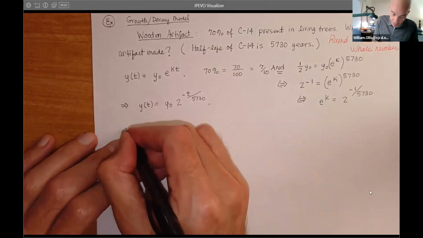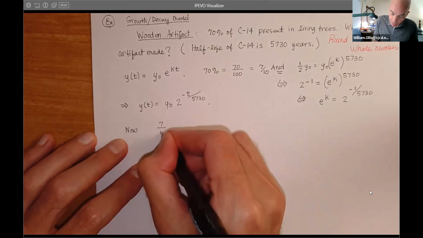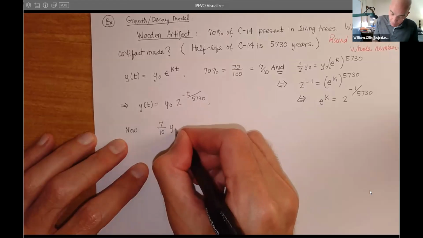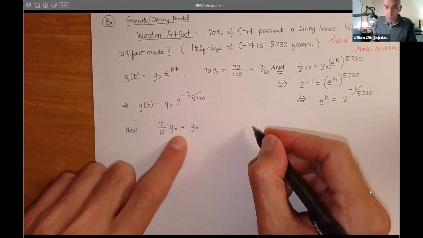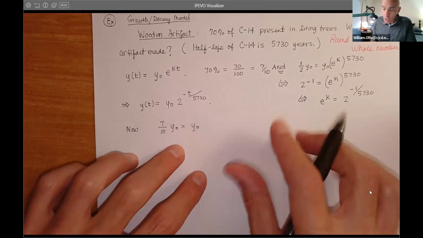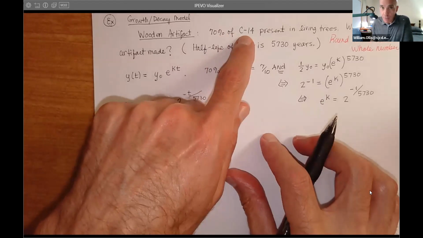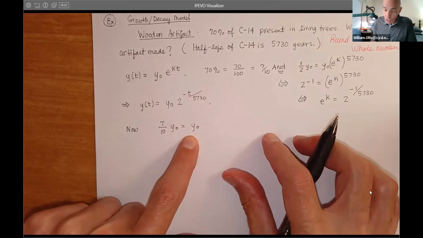So now 7/10 of the original amount now exists. Again, I won't just put 7/10, I'll just go ahead and let the y sub zeros absorb. So now we have 70% of the original C14 is present. So we want to see what time that corresponds to.